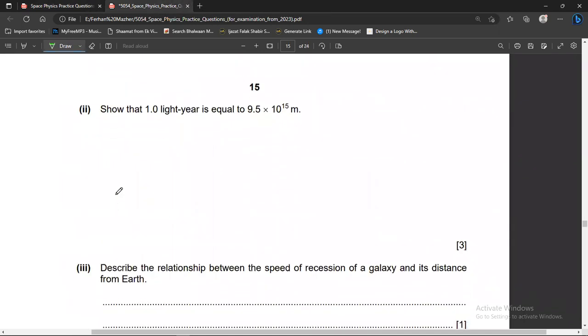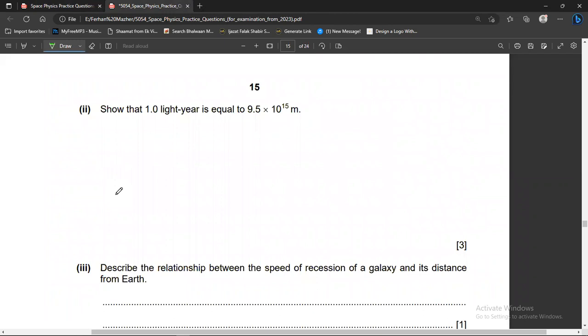He says show that 1 light year is equal to 9.5 × 10^15 meters. Okay, so the light year is the unit of distance, and this is the distance traveled by light in 1 year. You know the distance is speed multiplied by time.